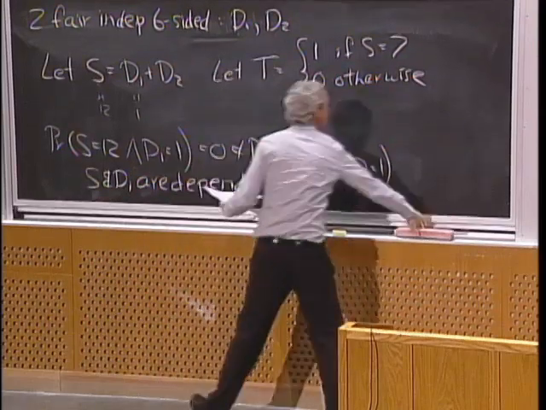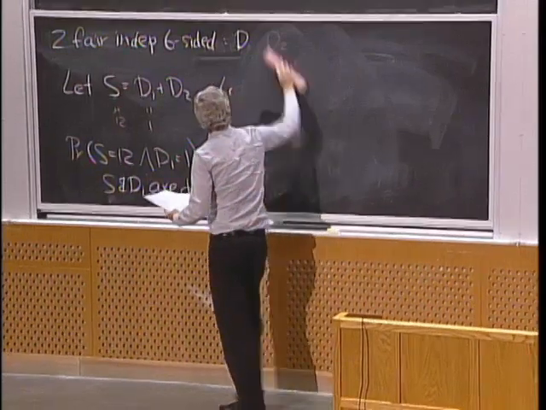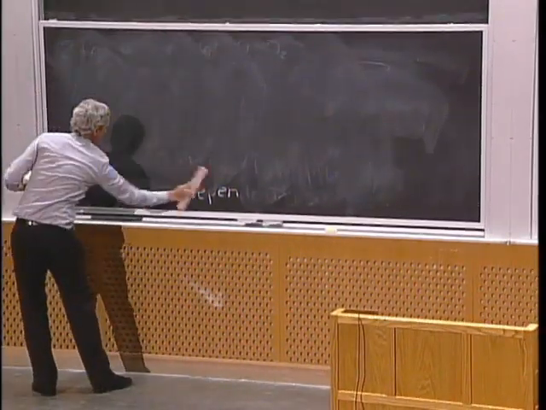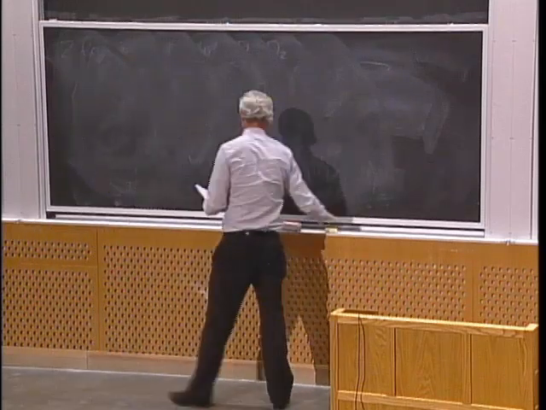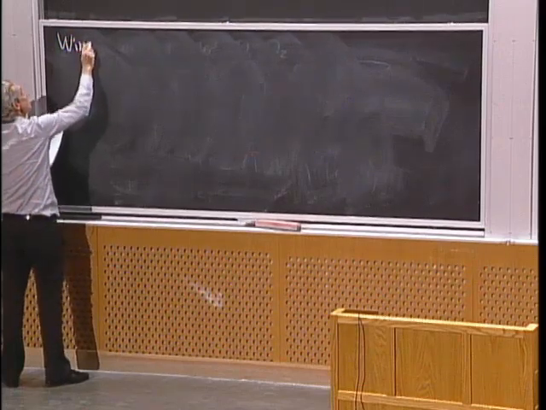All right, so we're going to first formalize our random protocol. All right, so this is the winning strategy.